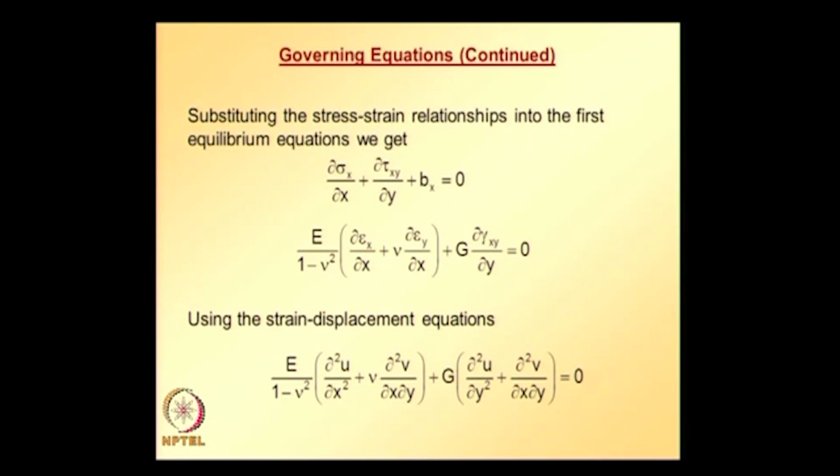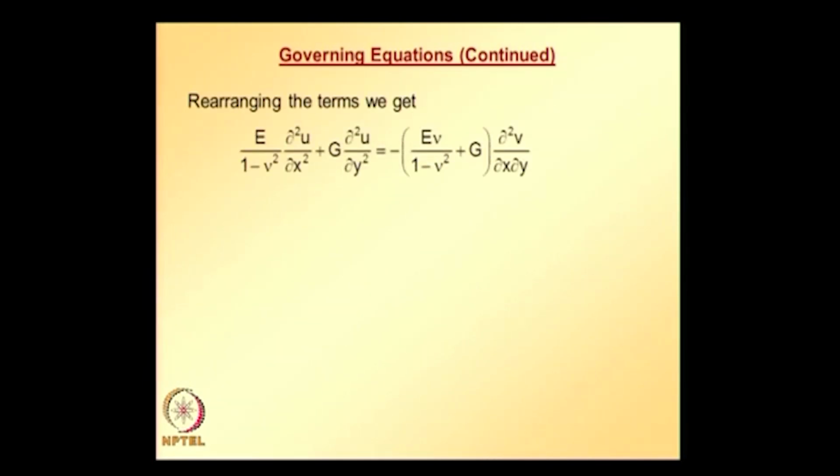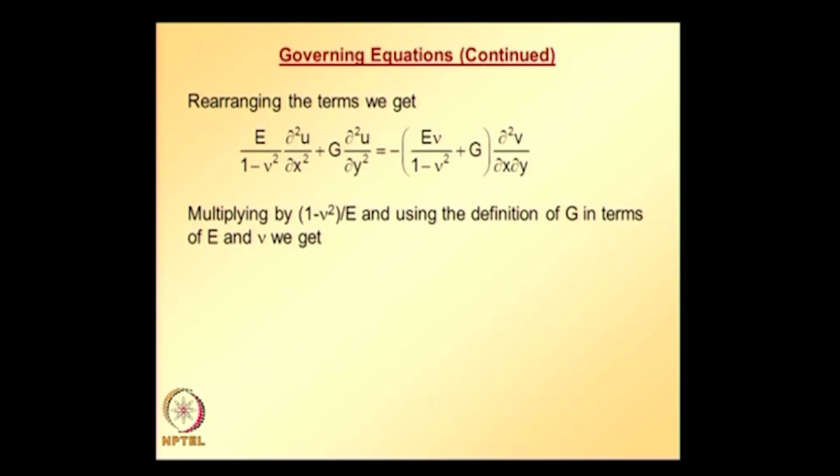And we can rearrange this equation into this form and do a little bit of manipulation, multiplying by 1 minus nu square over E and using the definition of shear modulus in terms of Young's modulus and nu Poisson's ratio, we get the relationship G is equal to Young's modulus divided by 2 times 1 plus Poisson's ratio.